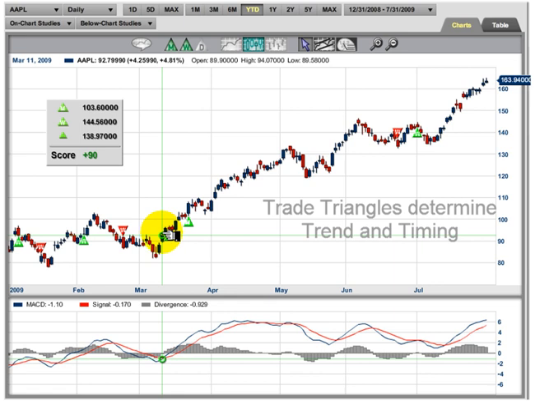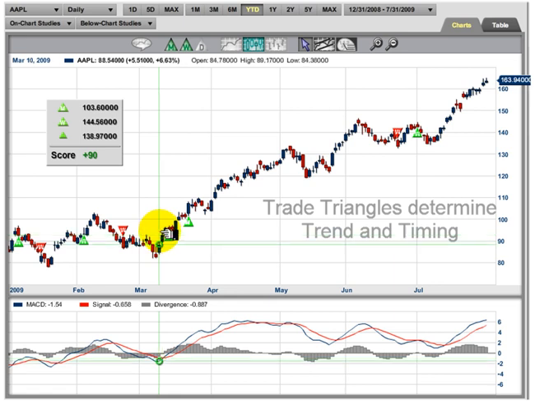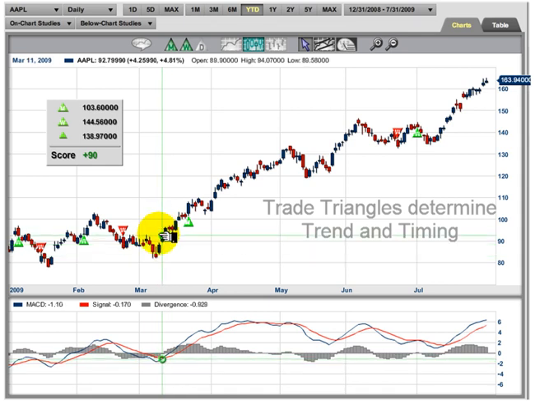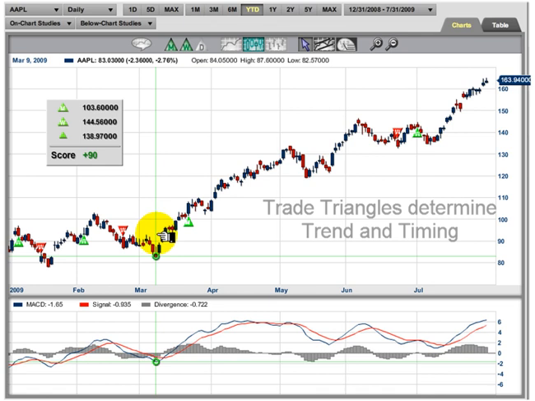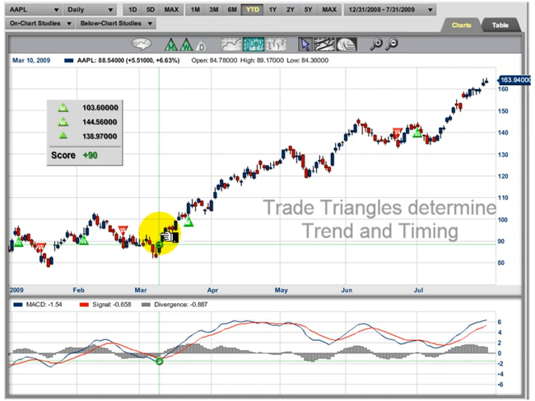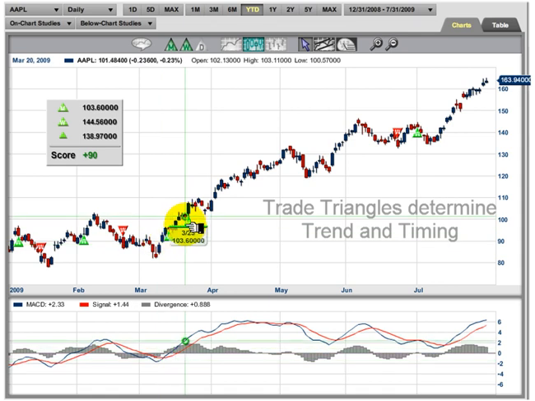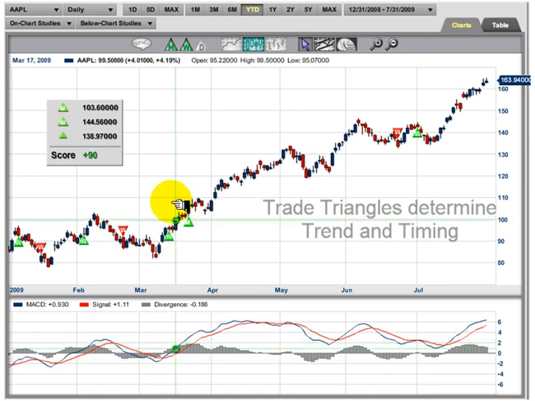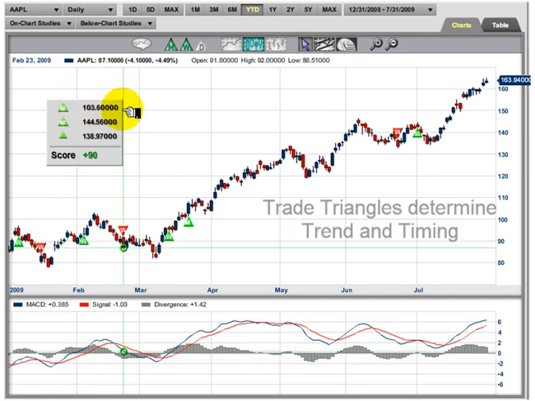Now just about now you're probably getting a little bit upset with the market, probably disappointed that the triangles haven't worked exactly the way you like them, but this is when you don't give up. You remain patient. Now this signal here, 103.60, exactly the number here.